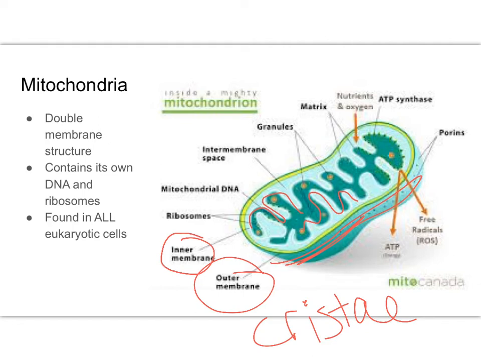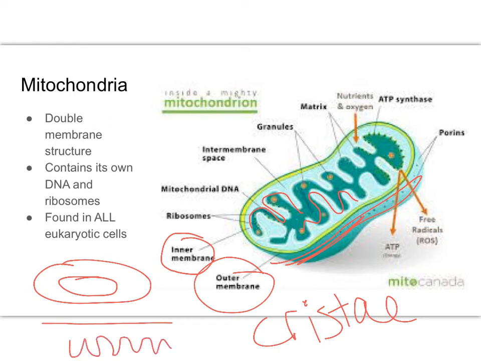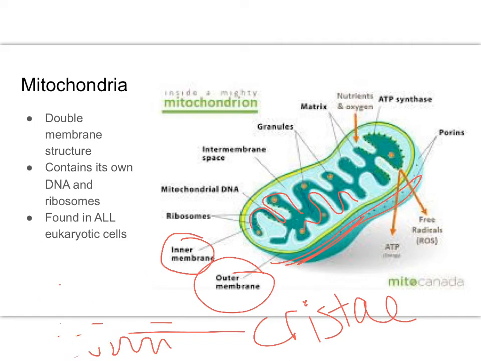Those folds are going to be important because they increase the surface area. If this was my mitochondria and the inner membrane was just a circle there, and I unfolded that inner membrane flat, it'd be, I don't know, that long. But if I take this inner membrane that's all wiggly and unfold it flat, it gets way longer. So these folds are important because they increase the surface area. And on that inner membrane is where the mitochondria is really making ATP.